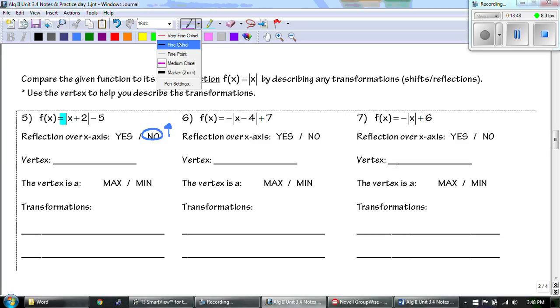Now, my vertex, I take the opposite, and this stays the same. So my vertex would be -2, -5. Since it's going up, okay, I have a minimum value.